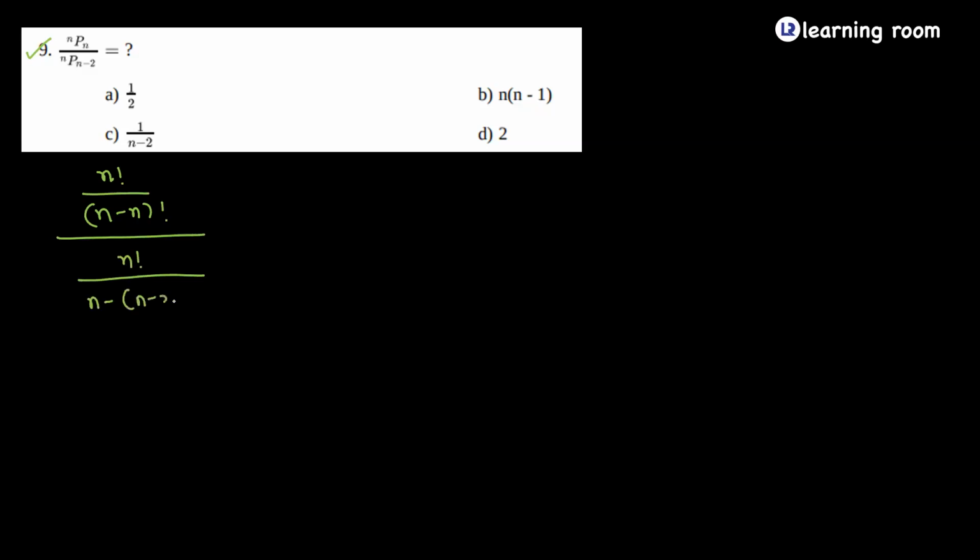So n minus of n minus 2 factorial. Am I right or wrong? So what gets cancelled? n factorial gets cancelled. So this will go to the numerator. So it will be 2 factorial divided by 0 factorial. 0 factorial is 1. So the answer will be 2 factorial, and it is 2 itself. This is the answer.